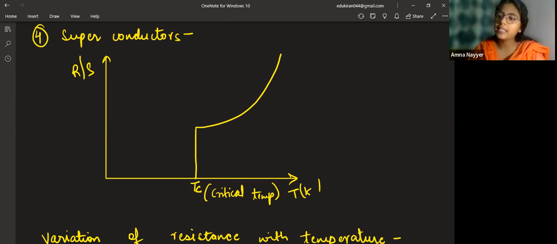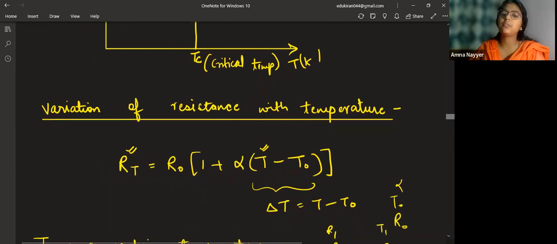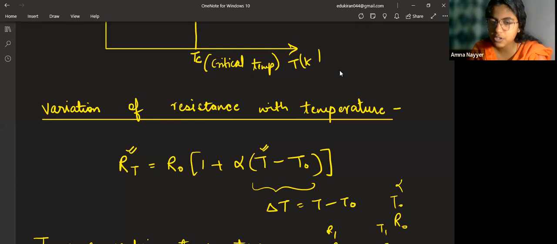All right. Finally, this formula you should remember: R_T, that means resistance at any temperature, is R naught, the resistance at room temperature, times 1 plus alpha, where alpha is the temperature coefficient of resistivity, times T minus T naught.